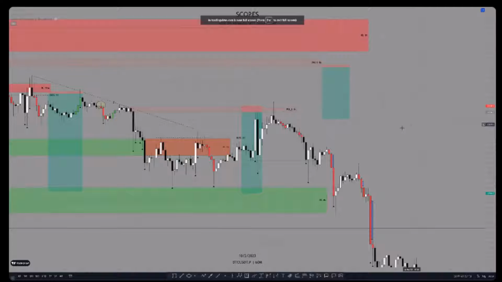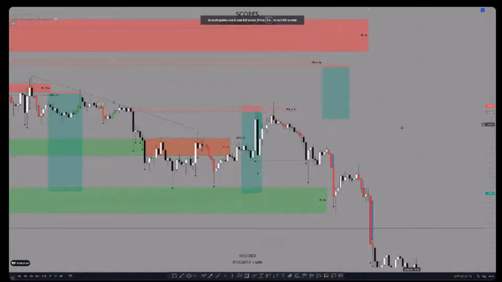So what you can do with this is zoom right in and see that in this area, and it gives you specifics on the volume and trades and stuff like that.